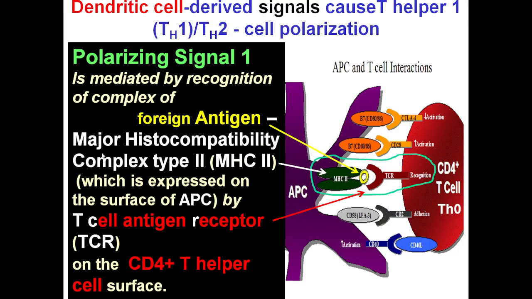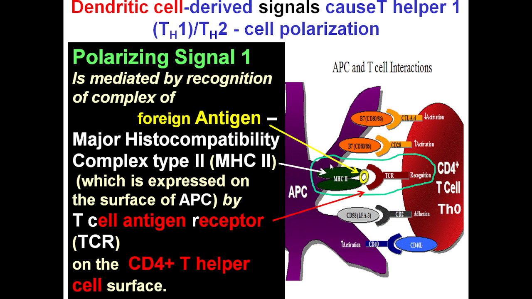So, polarizing signal number 1. This is an antigen recognition by the naive T helper cell. The antigen presenting cell, shown purple, displays on the surface an MHC class 2 molecule that contains in the antigenic peptide binding cleft an antigenic peptide.